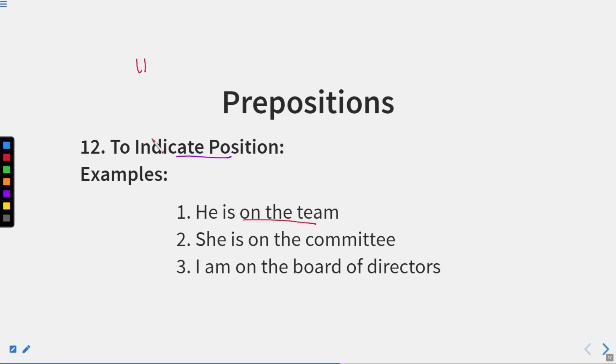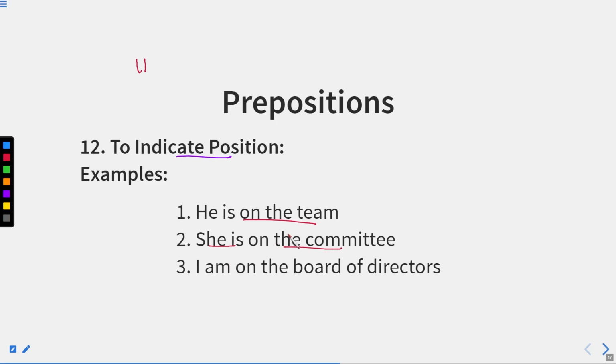So he is a part of that particular team, but he did not go to play. For that particular person, we can use the preposition on, because he was on the team. It means he was a member of that particular team, though it hardly matters whether he goes to play or not, he was a part of that particular team.